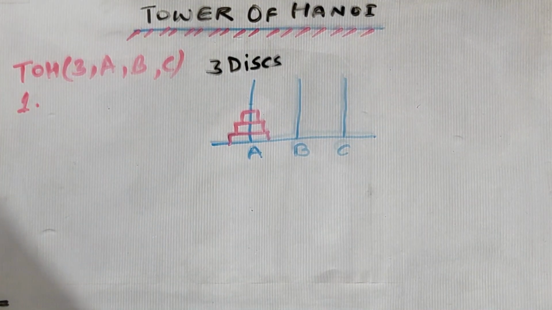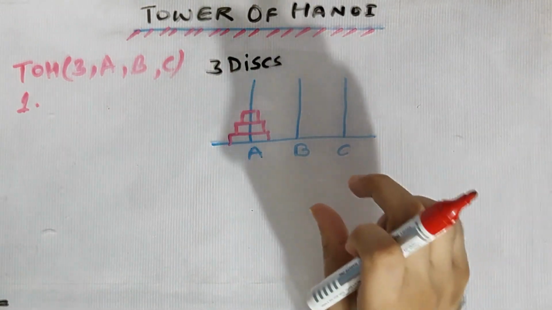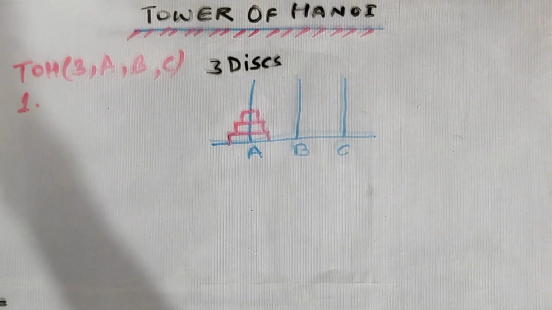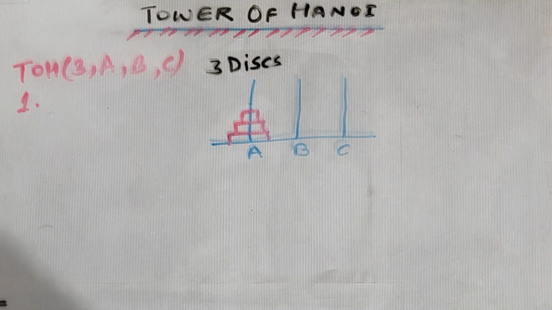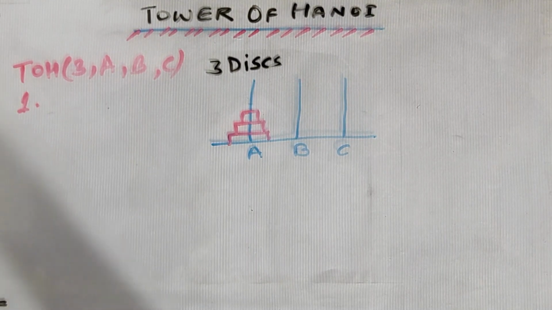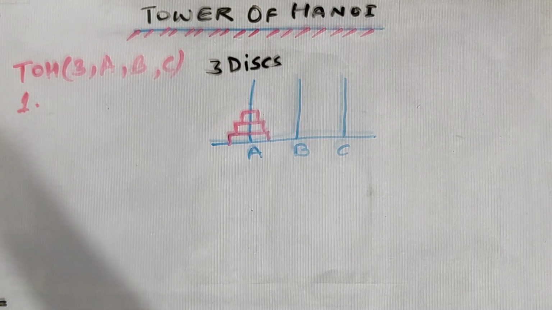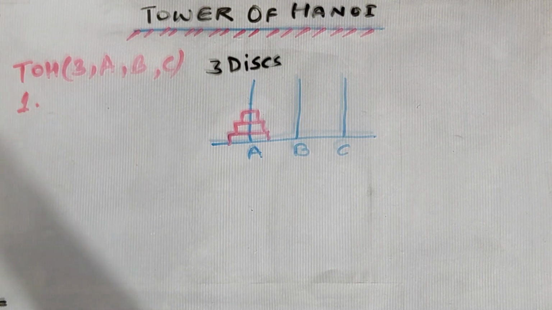We can move the upper 2 disks from tower A to tower B. How can we move the 2 disks together? These 2 disks can be moved from A to B using this function recursively, and multiple steps will occur in this step, exactly what you have seen in the last example.